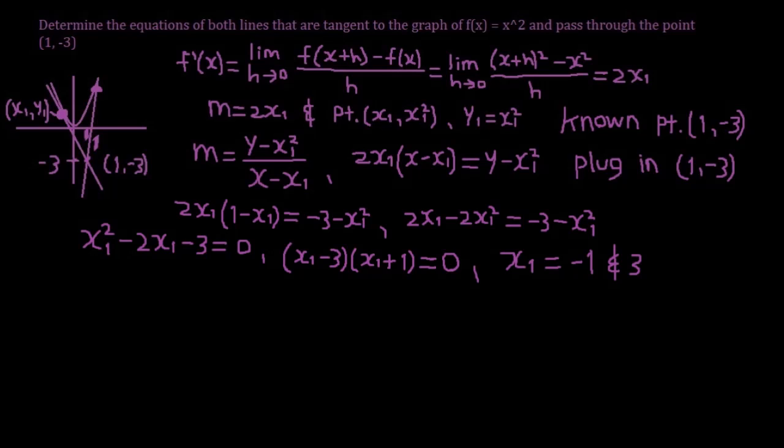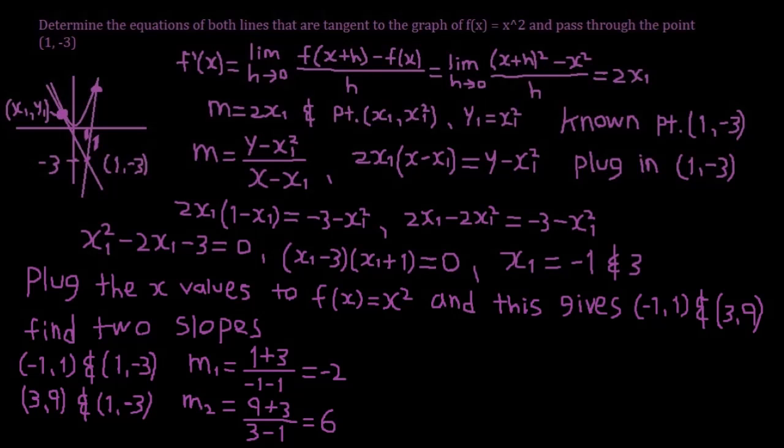Now these x values are the values you have to plug into f(x) = x squared, and by plugging these in, it gives you the points. So for example, plug in -1 into f(x) = x squared, it gives you 1, and you also have +3, and you plug that into x squared, it gives you 9.